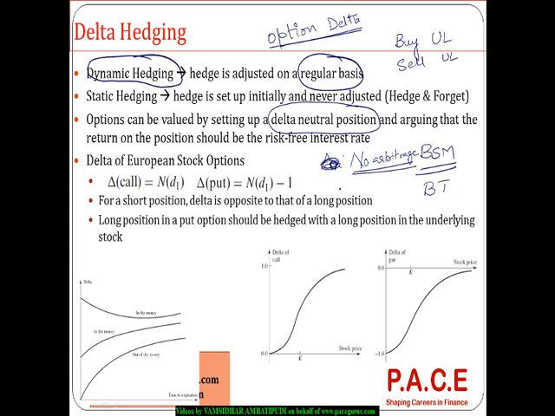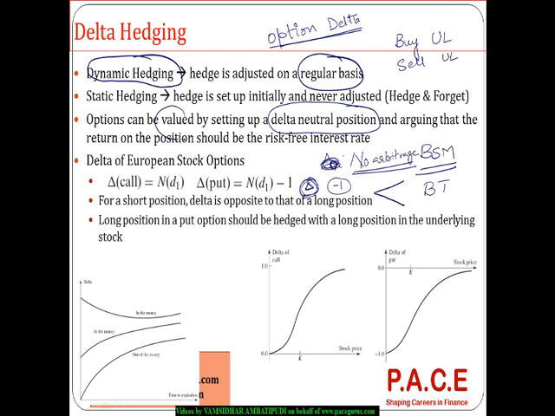Under the scenario of no arbitrage and the risk-free world, where we said whether the stock price goes up or goes down, the value of the portfolio should be the same. And we said we buy the delta number of shares and go short on one call option. Now this delta number of shares is nothing but the Greek that we are getting. And that is what has led to the computation of our option pricing as well.